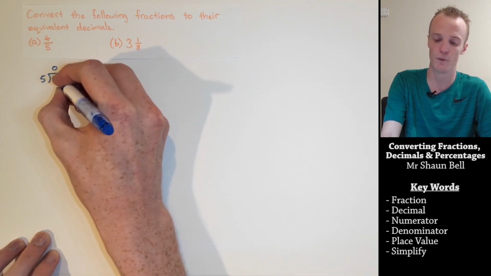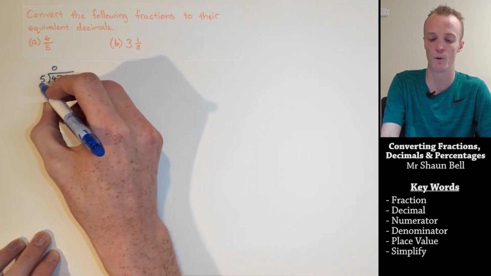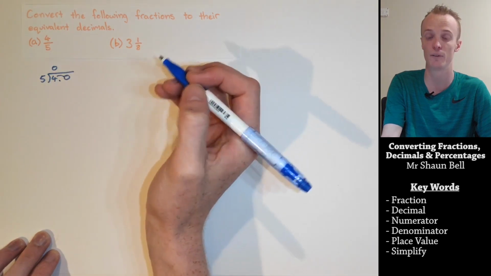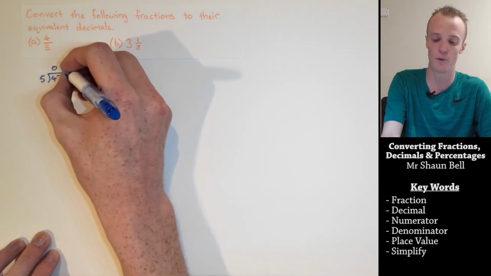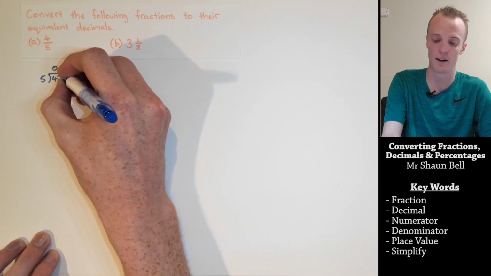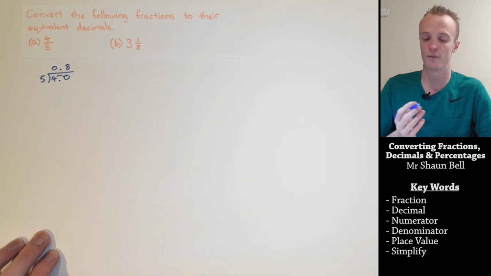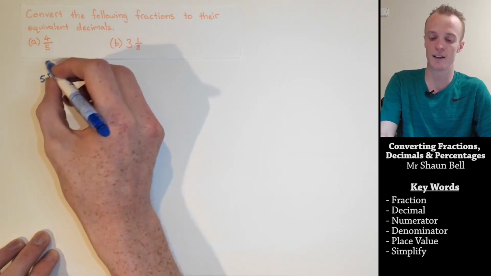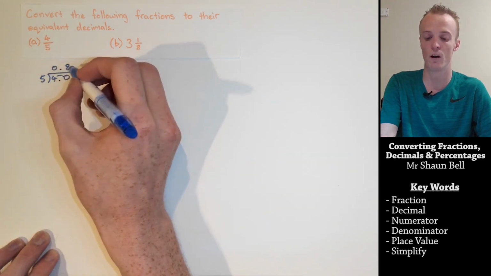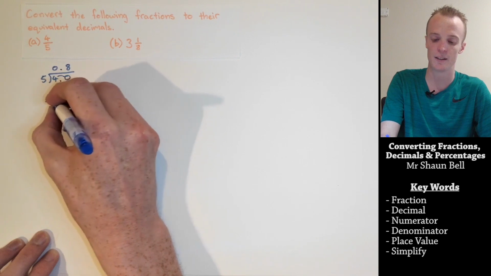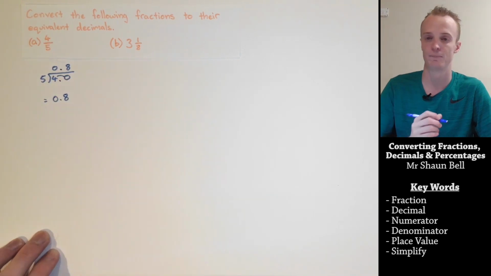I carry the 4 across to that 0 and I work out how many times does 5 go into 40. 5 goes into 40 8 times, but I need the decimal place in the same spot it is there. So what I've discovered is the decimal equivalent of 4 over 5 is 0.8.